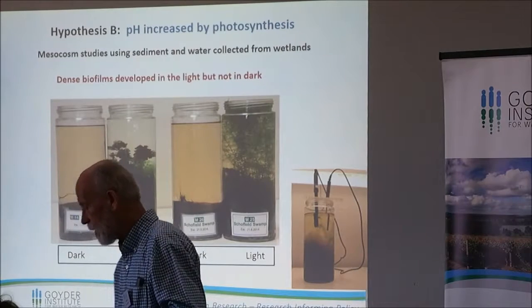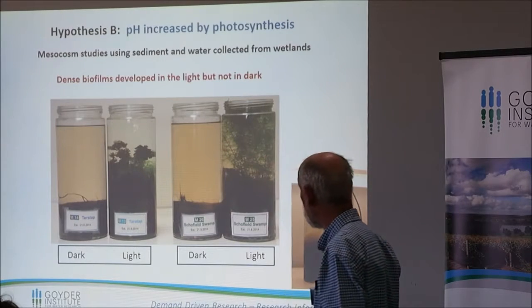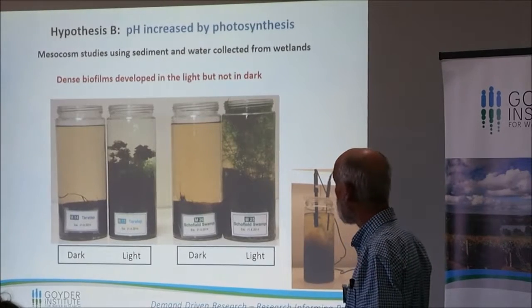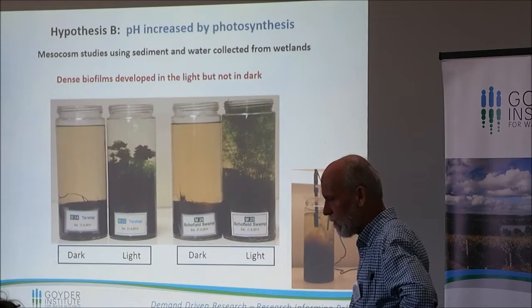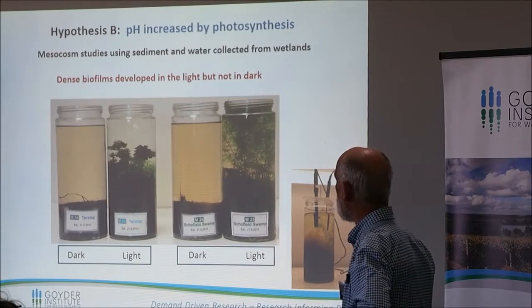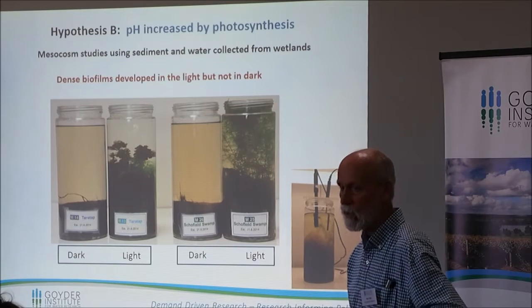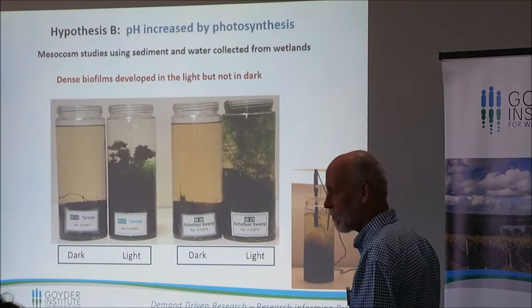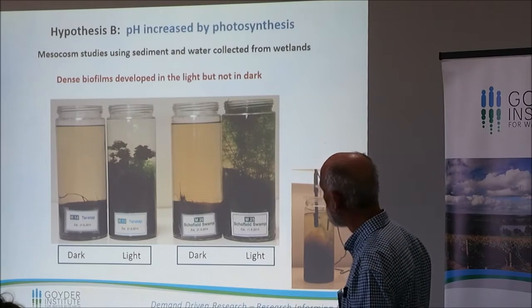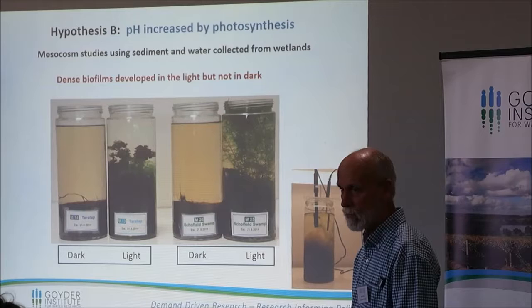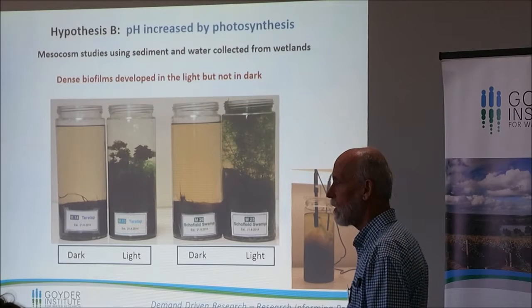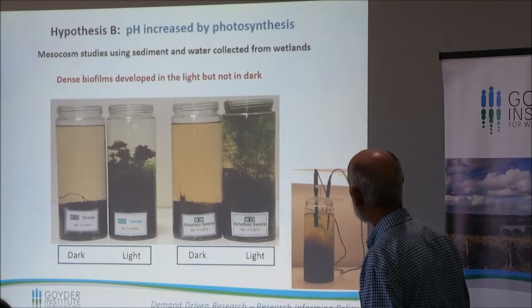So now let's look at an alternative, and that is that the pH is increased by photosynthesis. To do this, we set up what we call mesocosms, which is a fancy name for a glass jar with some plants and soil in it, and kept those under controlled conditions in growth chambers for a number of months.